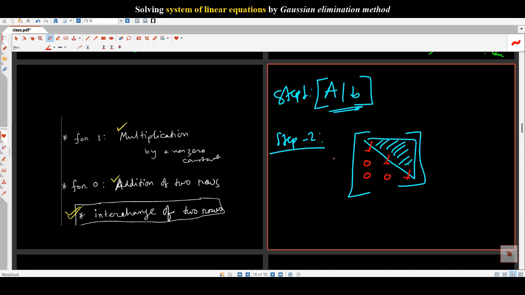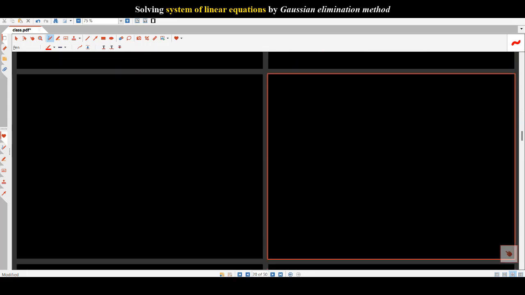So how do we do this? First of all, here you can see that there are 2 values, 1 and 0. For making 1 you have to use the multiplication by a non-zero constant technique. Let me describe this one.